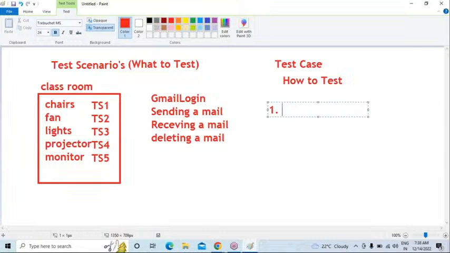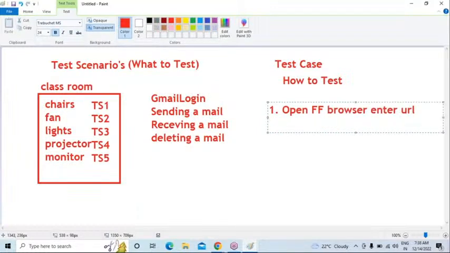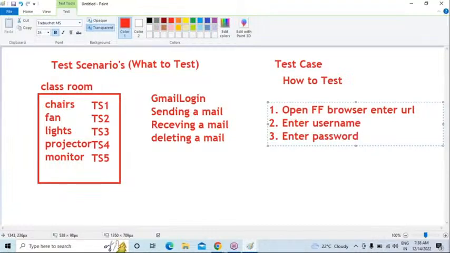So in order to test Gmail, what do we have to perform first? We have to open the Firefox or Chrome browser and enter the URL. The second step is to enter the username. The third step is to enter the password. The fourth step is to click on sign in.